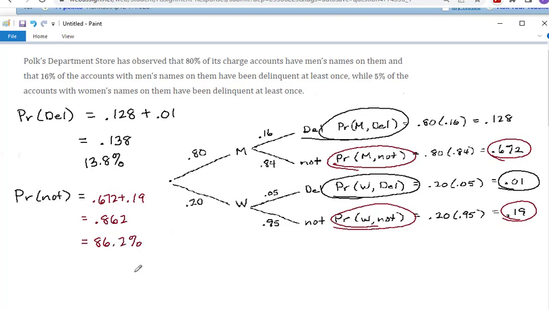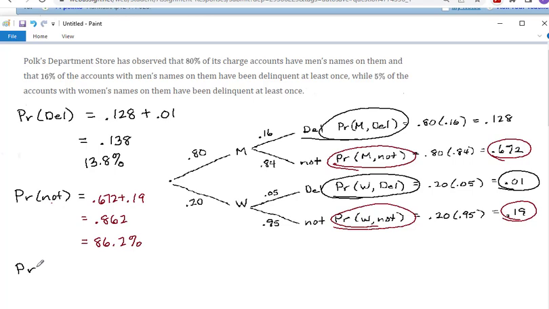And that strategy works. It's a little bit easier, in my opinion, that the probability that it's not delinquent would be 100% of the accounts, subtract the 13.8% that are delinquent, because an account is either delinquent or it's not. That would also give me the 86.2%.